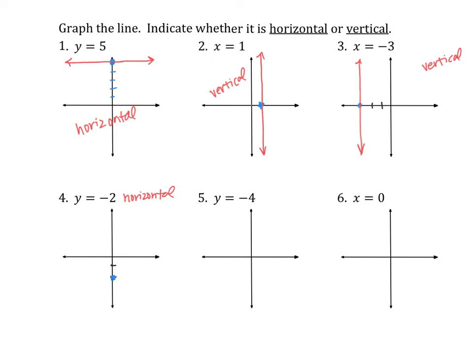Okay, and because it's horizontal, I can draw a horizontal line going right through y equals -2. Okay, let's see, the next one is y equals -4. Since it's y equals a number, it's going to be horizontal. On the y-axis, it should hit at -4. So let's go down to -4, draw my y-intercept. Okay, and then I'm going to draw a horizontal line going through here.